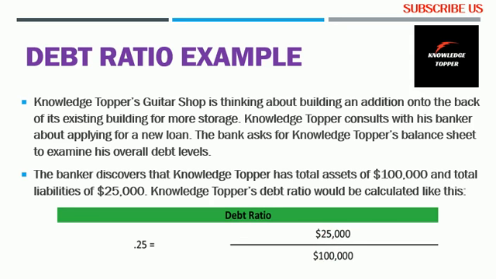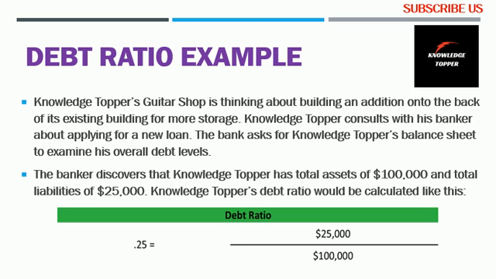Another important thing related to the answer: the debt ratio is shown in decimal format because it calculates total liabilities as a percentage of total assets. As with many solvency ratios, a lower ratio is more favorable than a higher ratio. In our case, Knowledge Topper has a debt ratio of 0.25.